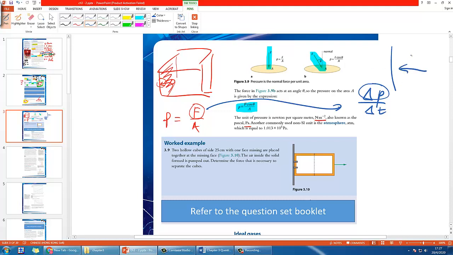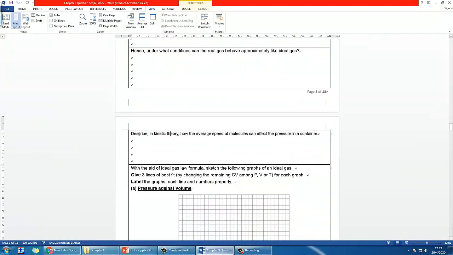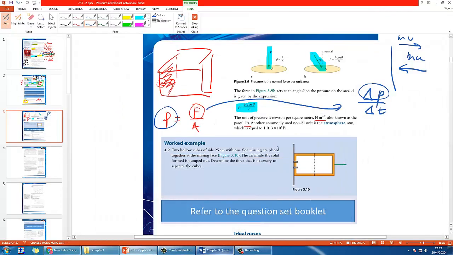Say this is the wall with a certain initial velocity, and when they bounce back, maybe they have another velocity, and therefore if you have a greater temperature, hence a greater speed, then you have a greater change in momentum and greater force, and that would be a greater pressure. Okay, and that is basically one of the questions here. Then you can put down the answer on how to deduce how the average speed of the molecules affects the pressure in a container. Using this is one of the ideas, which is a formula you have to follow.